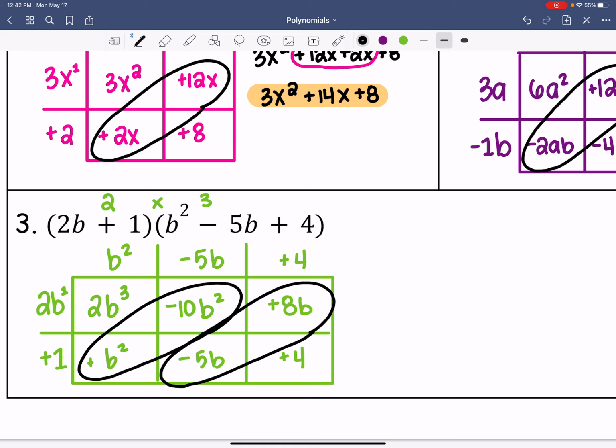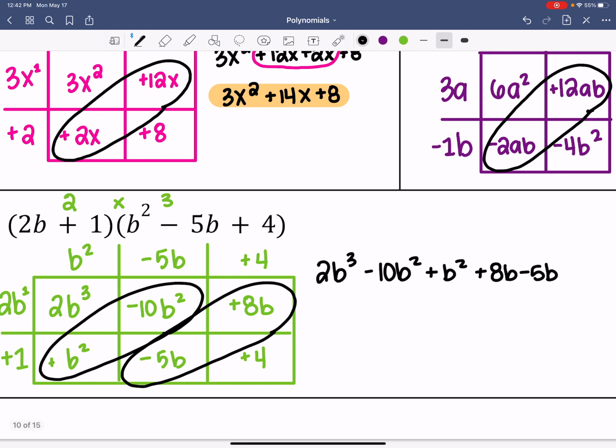Okay, if I were to write all 6 of these out, that would be 2b to the third minus 10b squared plus b squared plus 8b minus 5b plus 4. But we are going to simplify by combining like terms.